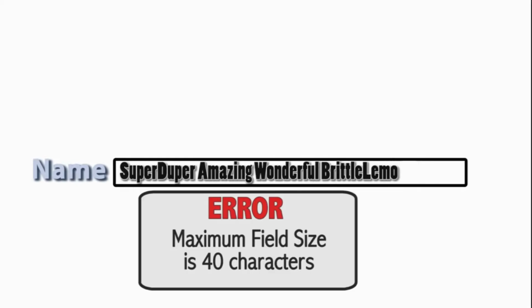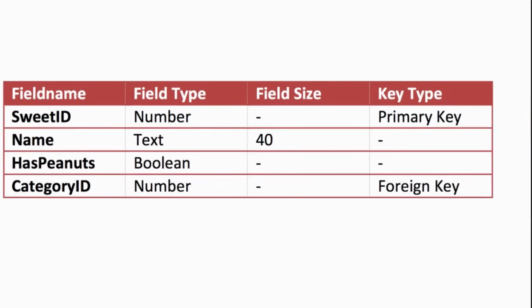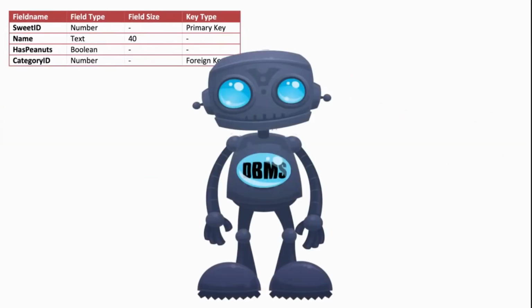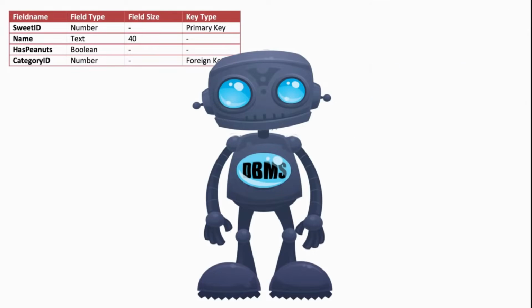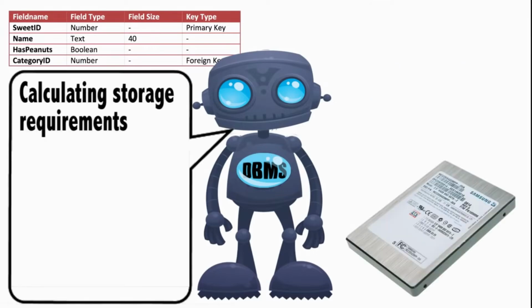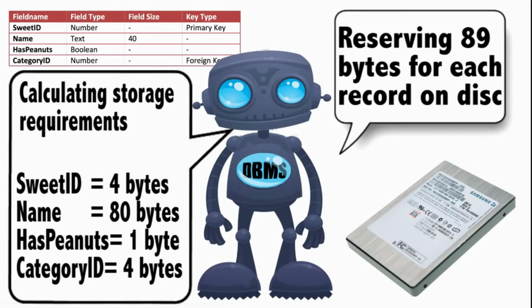If Bob was to enter 41 characters, he would receive an error message from his database management software and be told to try again. Giving fields a maximum size is a good idea because your database management software can then use only the storage space it needs for the fields, rather than trying to guess how much it might need.